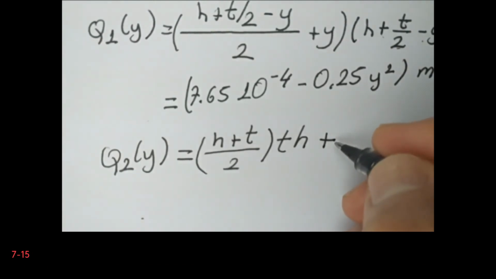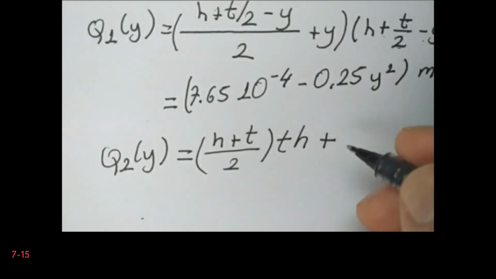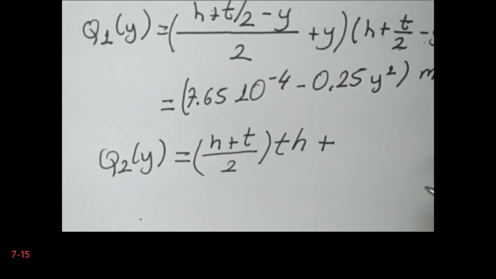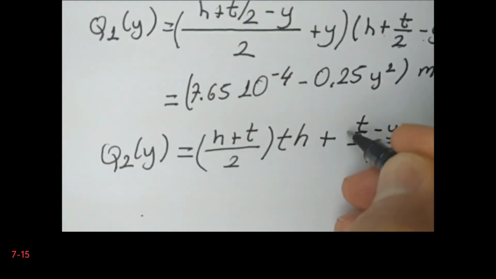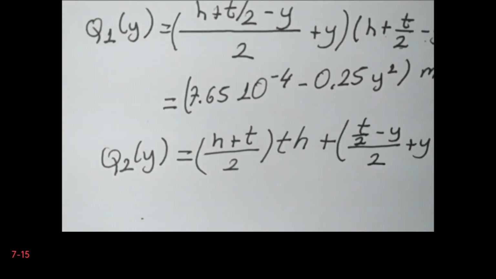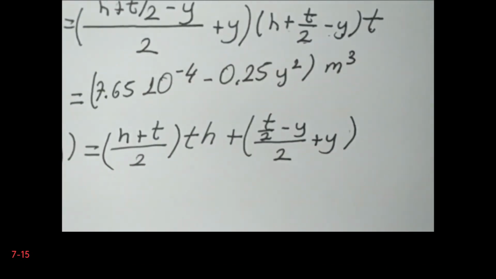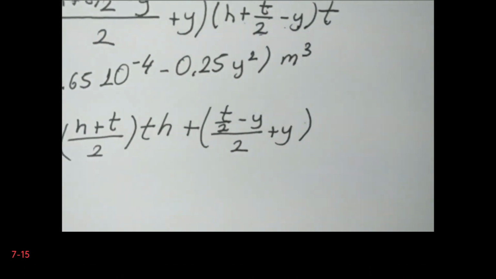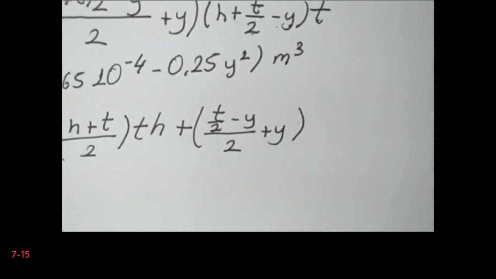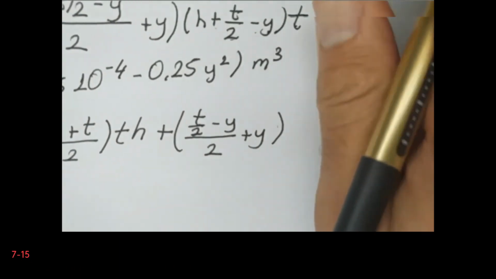So it is t divided by 2 minus y, and the centroid is at t divided by 2 plus y divided by 2, that is the location of the centroid with respect to the neutral axis.